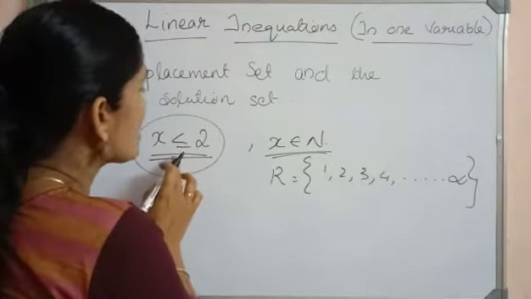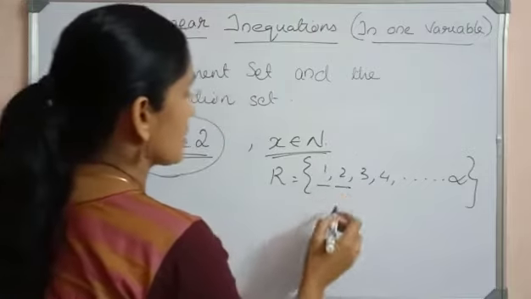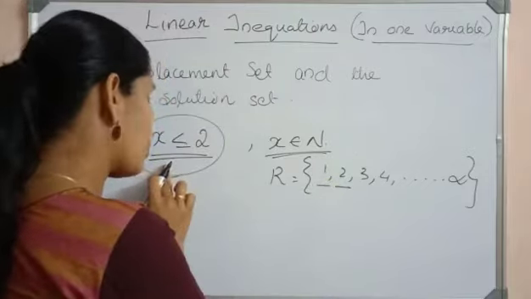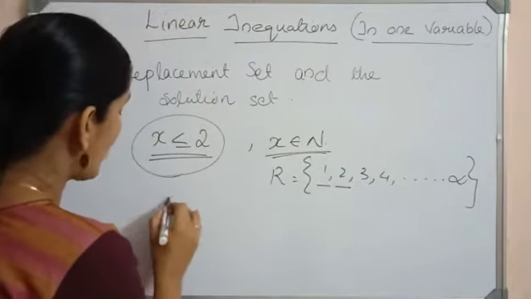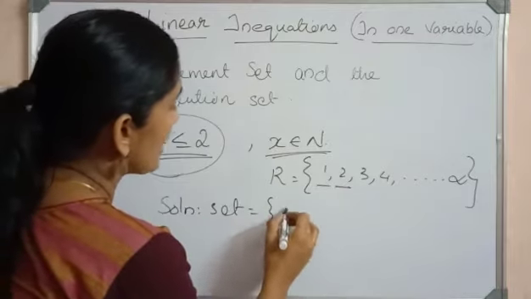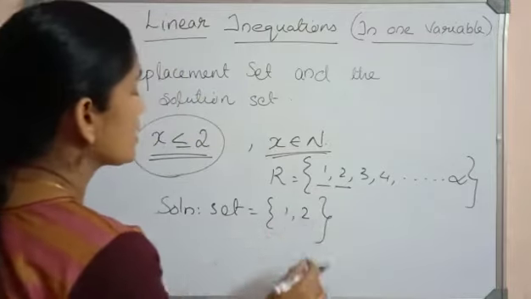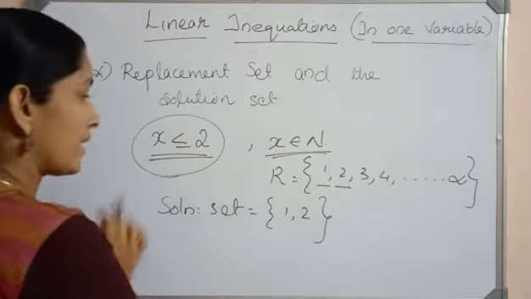Here, we can consider 1 as well as 2 as the answers, since 1 is less than 2 as well as 2 is less than or equal to 2. Therefore, our solution set will be {1, 2}, since these values of x satisfy this condition.